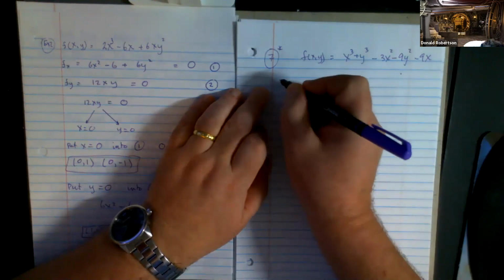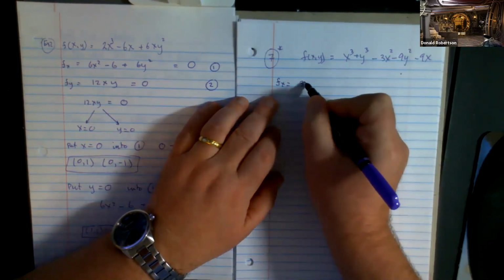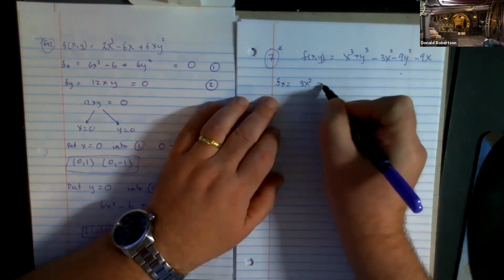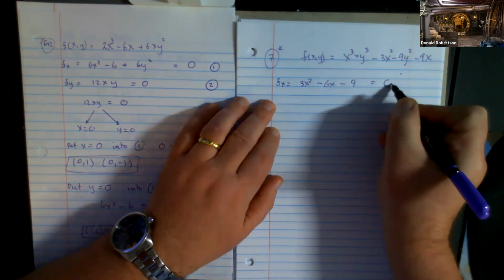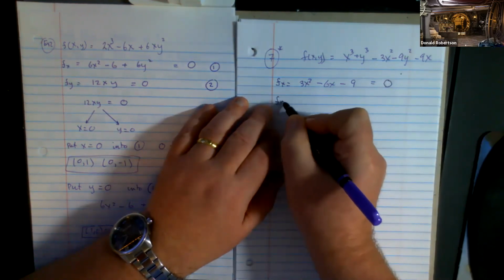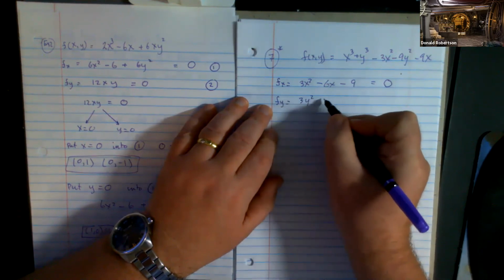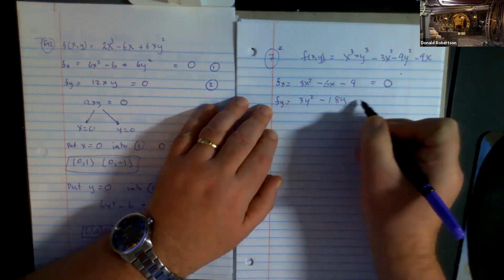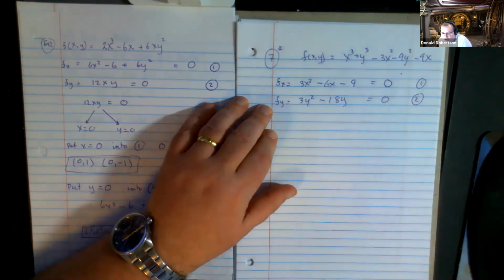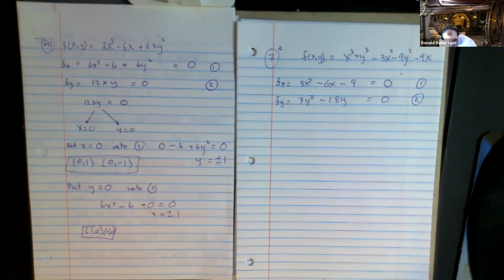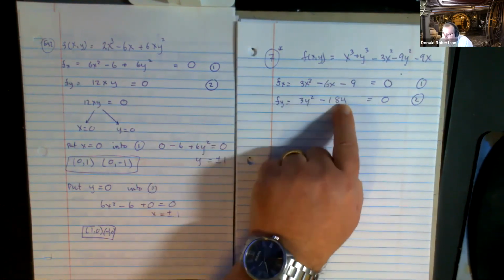For this question, the partial derivative with respect to x is 3x squared take away 6x take away 9, and we know that must be 0. And the partial derivative with respect to y looks like 3y squared minus 18y equals 0.